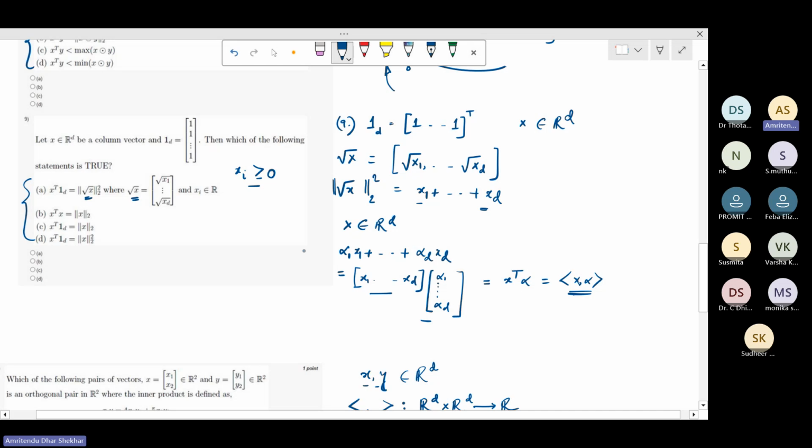So whenever you see a linear combination like this, it is useful to think of it as coming from an inner product. This will be useful later when you see more examples in orthogonality, because a linear combination like this being equal to zero is equivalent to saying that this inner product is zero, which is equivalent to saying that the two vectors are orthogonal. So, one quick thing to keep in mind.